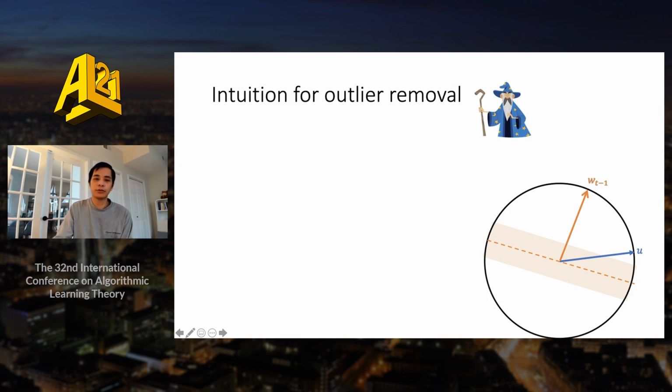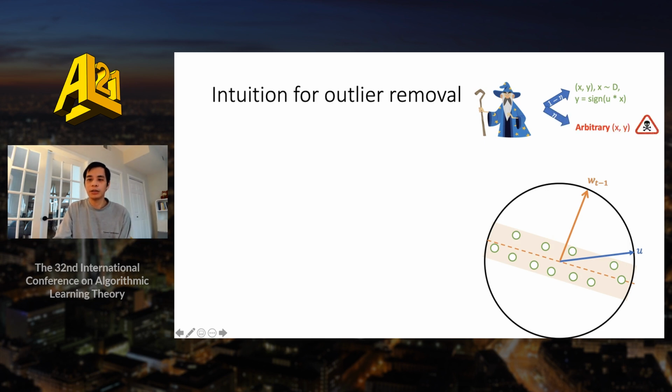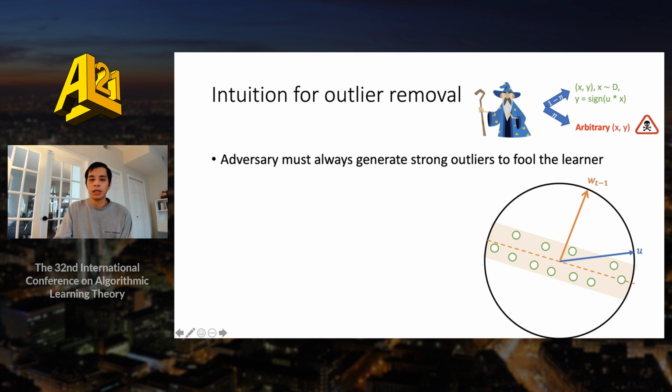So here is the intuition for outlier removal. If the adversary must generate clean data, we can imagine that the distribution D is, for example, the uniform distribution, then we will have uniform data over the band. But once he has the power to generate arbitrary pairs of X and Y, then he must concentrate on the strong outliers to fool the learner.